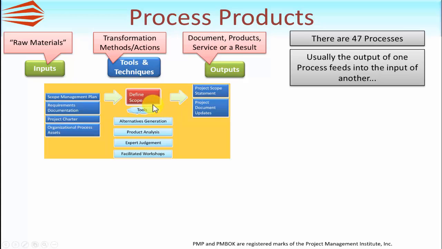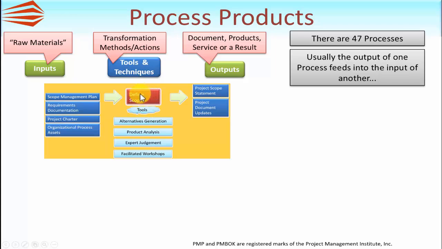It's just one of the 47 I've chosen. It's the define scope process, and here you can see it has 4 inputs. In this case, scope management plan, requirements documentation, project charter, and something called organizational process assets. I'll be mentioning some of these in the rest of this module. That feeds into the process itself with the tools that are used within that process.